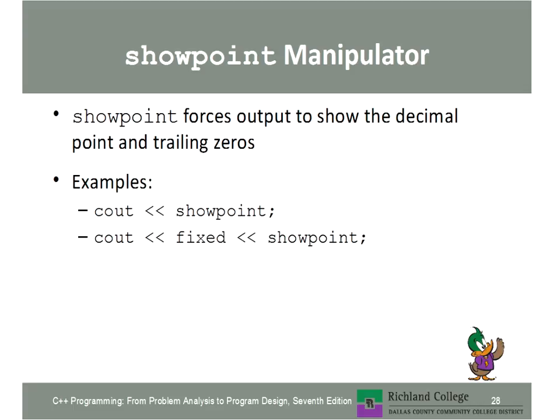Now we have showpoint. Showpoint is also a manipulator without any parameters, so you do not need iomanip for that. Okay? So why would you do that, showpoint? Well, if you have something like, let's say, float x, and that's your variable.